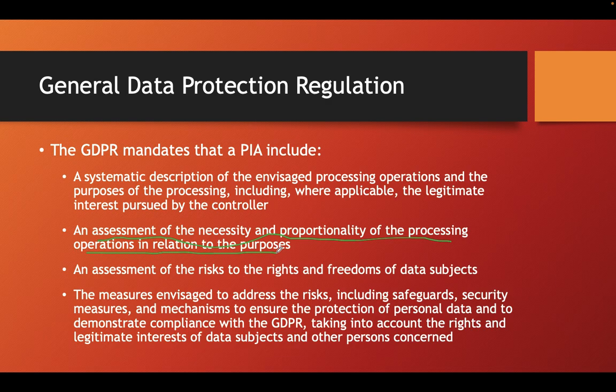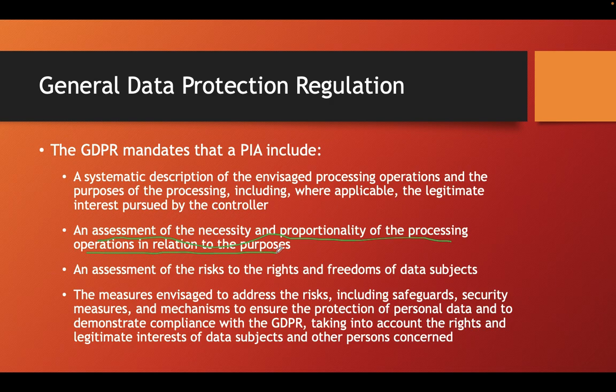The assessment should look at the necessity, the reasons behind why these corporations or organizations are processing this individual's data, and then the proportionality of the processing operations in relation to the purposes. So when we say proportionality, we're looking at the relationship between the necessity and the operations, the reasons or purposes for which this is being carried out.